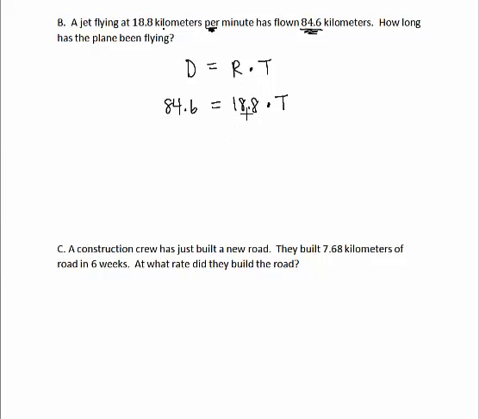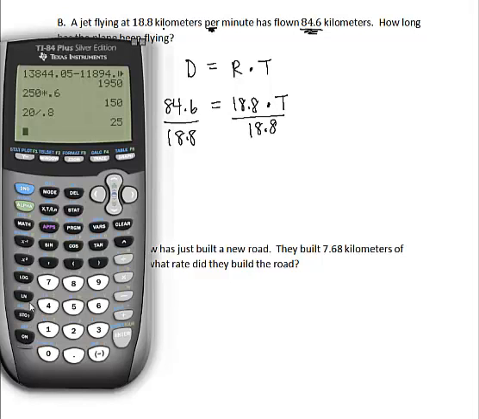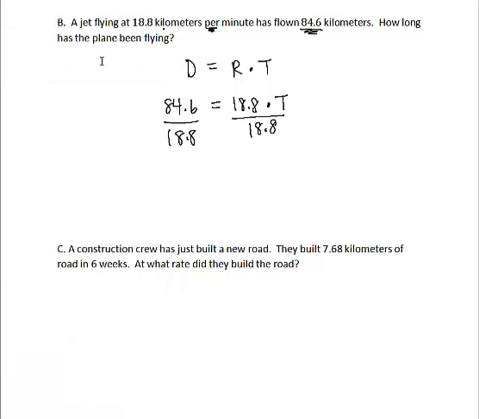So what is our time? To solve for time, we divide both sides by 18.8. And so we have 84.6 divided by 18.8, enter, and we get 4.5.